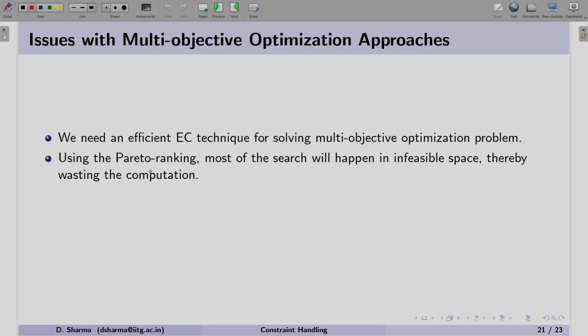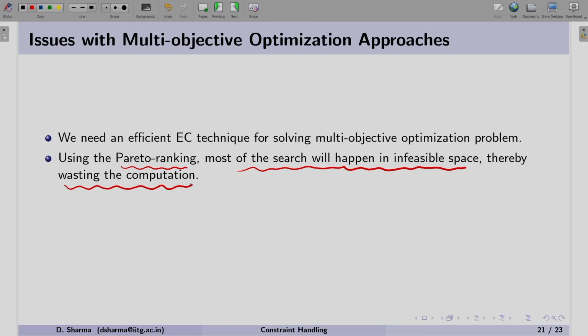Second, in multi-objective techniques, generally we consider Pareto ranking. In this Pareto ranking, most of the search will happen in the infeasible space, thereby wasting computation. Why? Because when we perform Pareto ranking, we compare each and every solution in each objective, and then we know which solution is non-dominated and which is dominated.